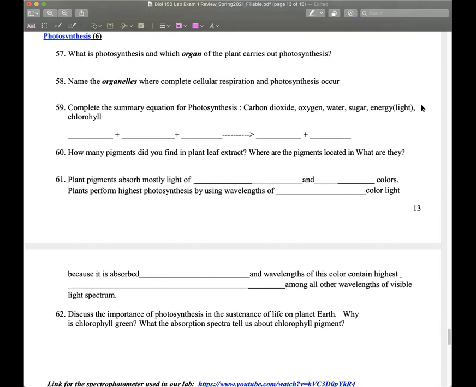All right, home stretch. We are talking about photosynthesis. This is the lab exercise we all just did last week, so it should be fresh in our minds. So what is the point of photosynthesis? We're going to be transforming energy, but what kind of energy do we start with and what kind of energy are we ending up with?